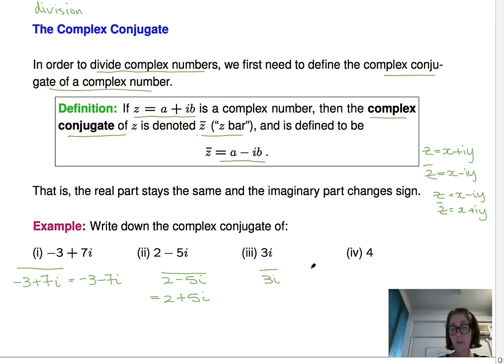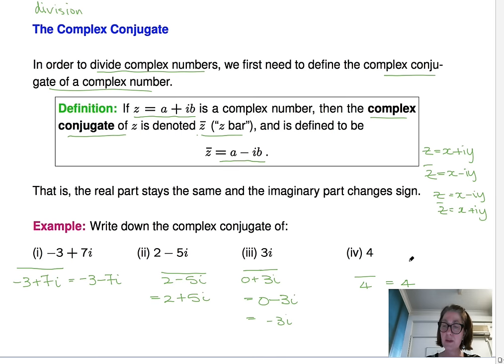Well, I do have a real part. This is really the number 0 plus 3i. So the real part stays the same, and I change the sign on the imaginary part. So of course I can just write that as minus 3i. And if I've just got the complex number 4, then it just stays as 4, because the rule is the real part stays the same and the sign changes on the imaginary part.